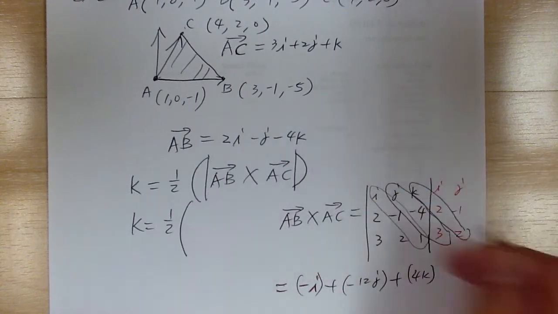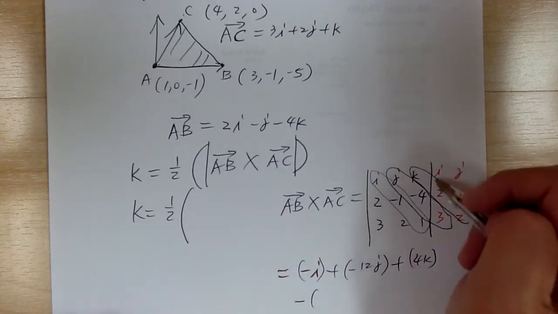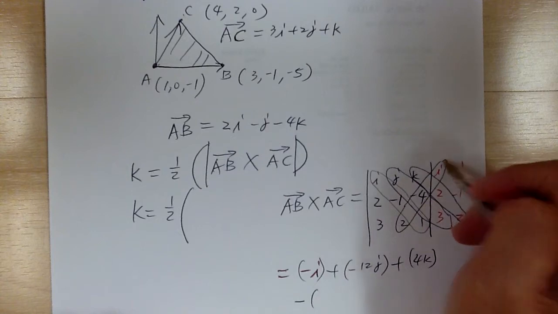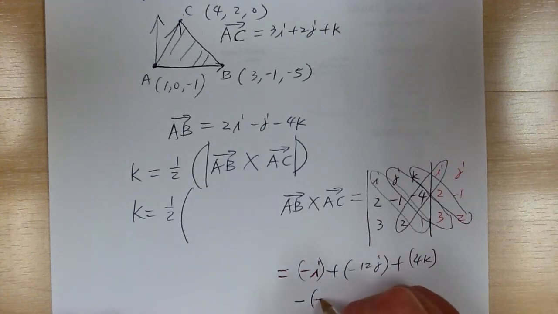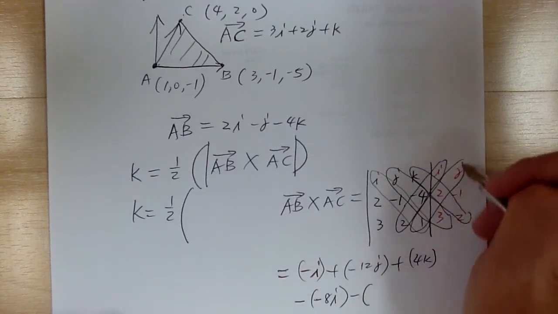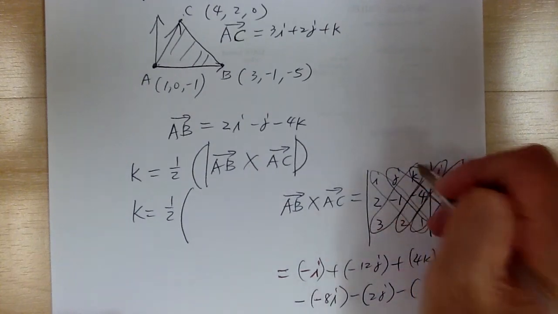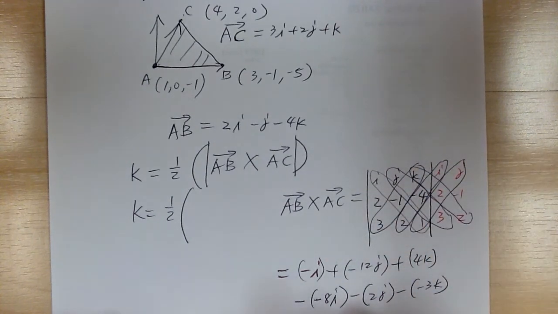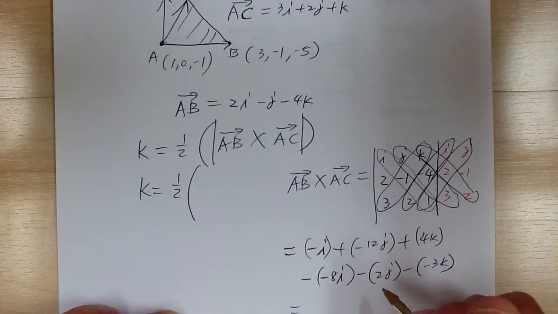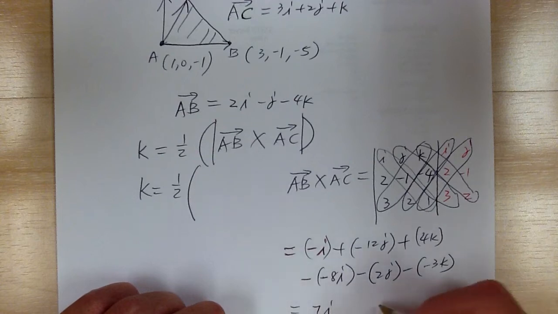So all this direction would be plus. Then you have to minus, and let's do the i first. Minus 8, -8i, minus the j would be 2j, minus -3k, and so this becomes plus, so you end up with a 7i.